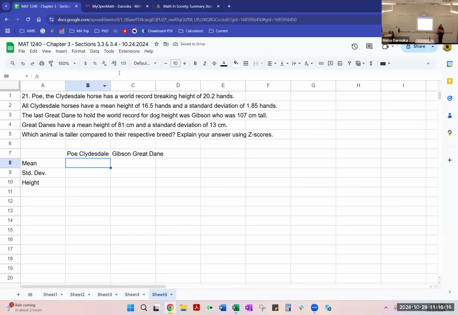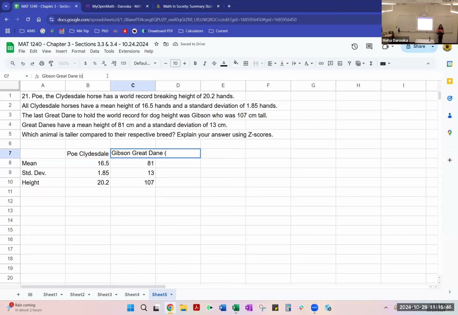So the mean for Clydesdales was 16.5 hands. The standard deviation from there was 1.85, and then Poe himself was 20.2, which we can see is higher than the average, right? The mean value. For Great Danes, we are saying the mean height was 81 centimeters. Standard deviation was 13 centimeters, and Gibson himself was 107.